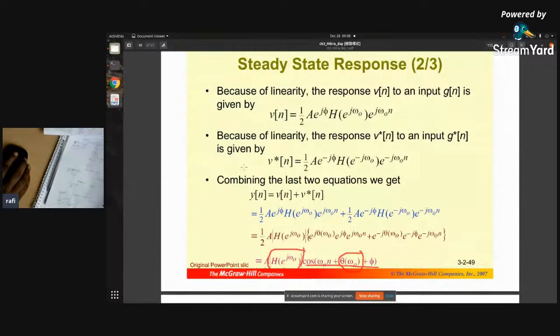What is the response of an LTI system for any real sinusoid? The sinusoid's frequency won't change, the sinusoid's amplitude will change, and the phase of the sinusoid will also be altered. How they are altered depends on h of j omega naught. Whatever h of j omega naught you have, on that value it will change.